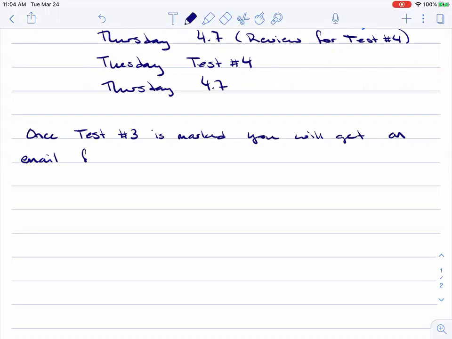An email from Gradescope to your My Okanagan email. Okay. So this is where you'll be able to review your test. It'll have comments, and if you want to have a look at your test, you've got it there. So that's how we're going to be able to hand those back.